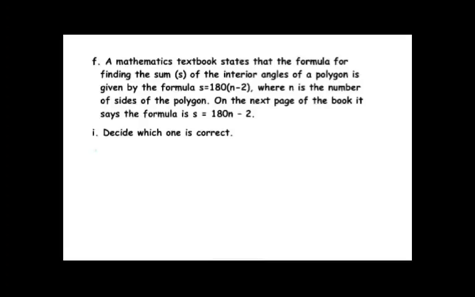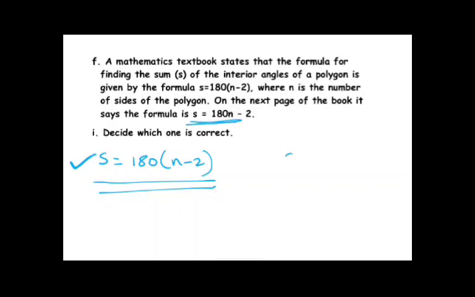We worked out all our sums through this, so we know that this is correct. Let's see if we get our answers correct with the first formula, which says S is equal to 180 n minus 2. So that means the number of sides has to be first multiplied by 180.